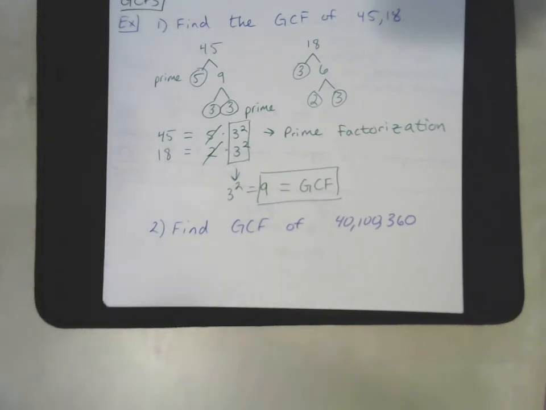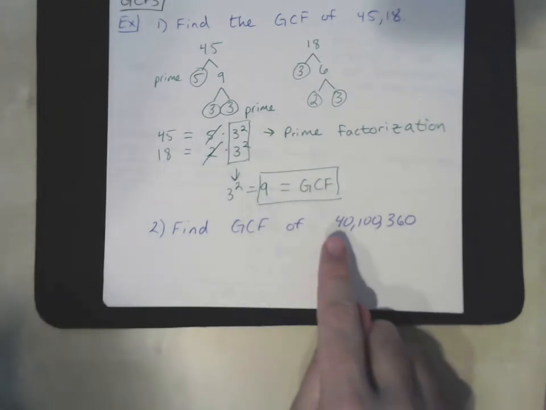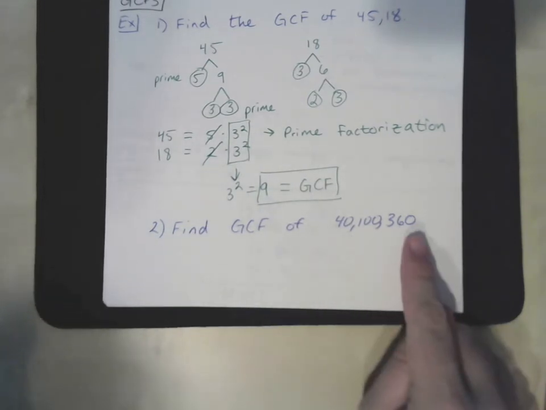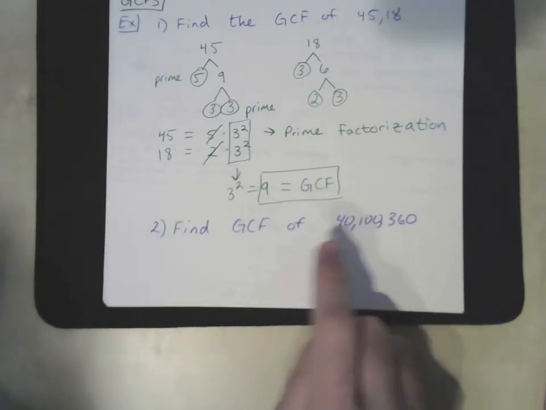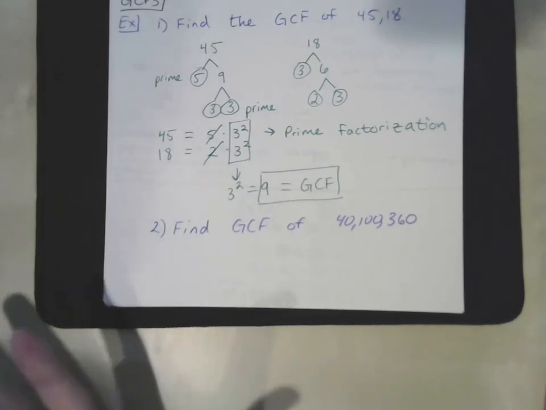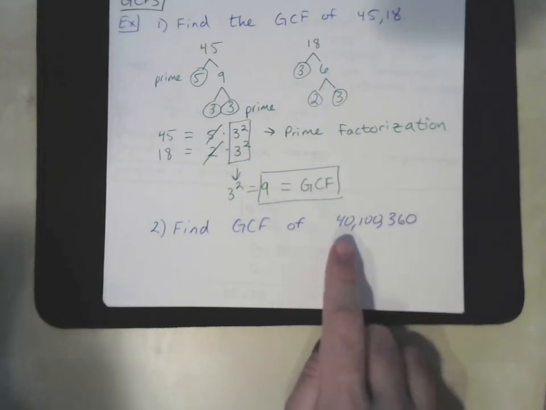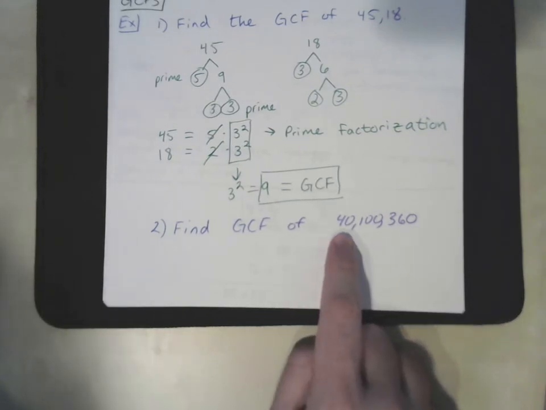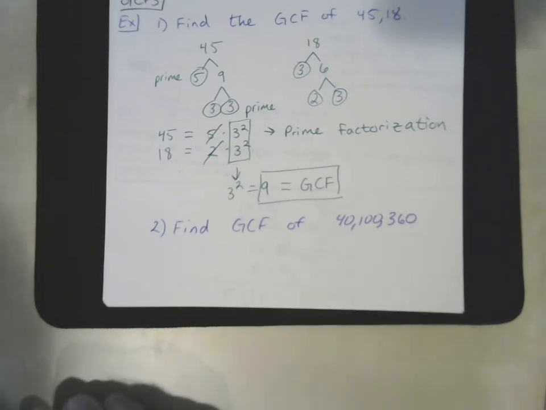There is a trick to finding GCFs to make it faster, and you're looking at the size of your numbers. I didn't use the trick in the first one, but 40 is the smallest number, so that's going to be the limiting factor on all of these, because 40 only has so many different factors, whereas 100 is a lot bigger and 360 is even bigger than that.